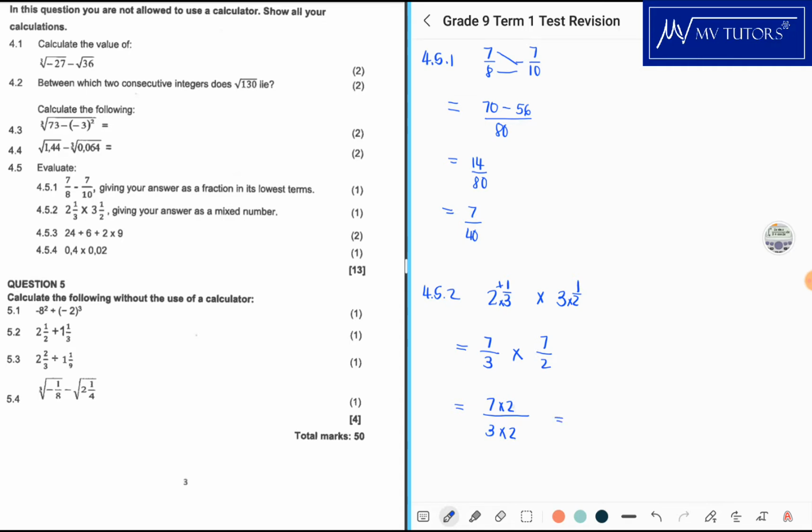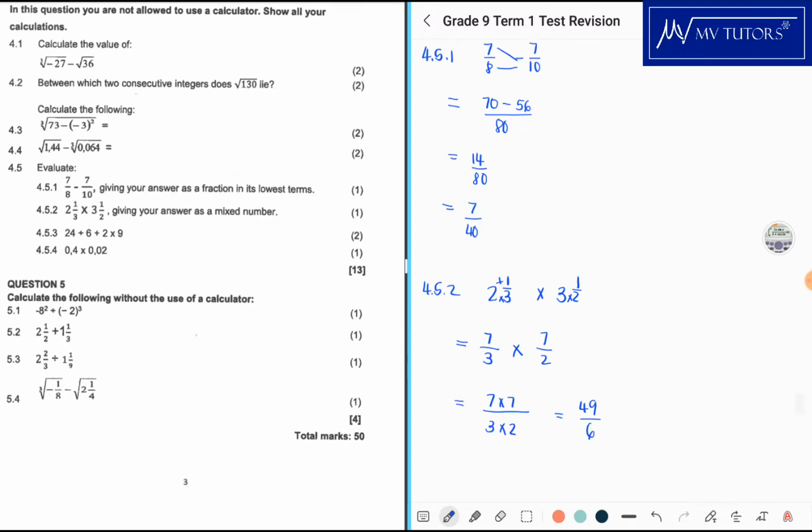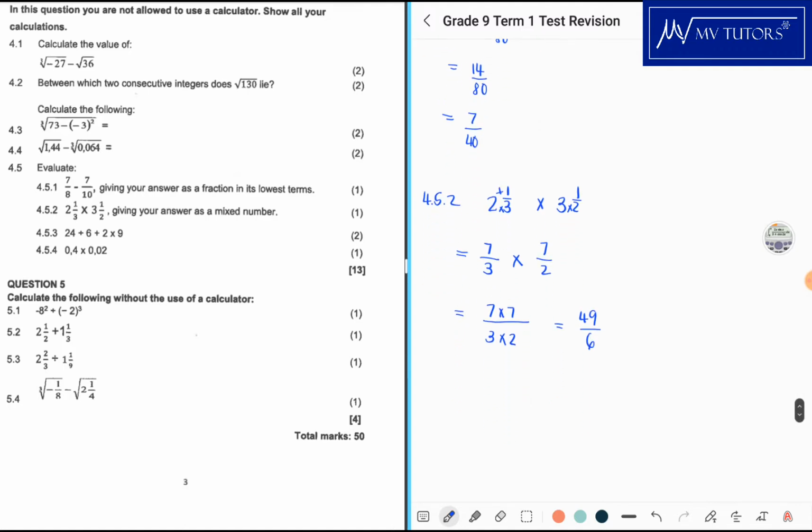Why did I put a 2 here? It's supposed to be 7. So 7 times 7 is 49, and 3 times 2 is 6. Now they want the answer as a mixed number. What is 49 divided by 6? If you have 6 times 7, that gives you 42. No, 42 plus 6 is 48.